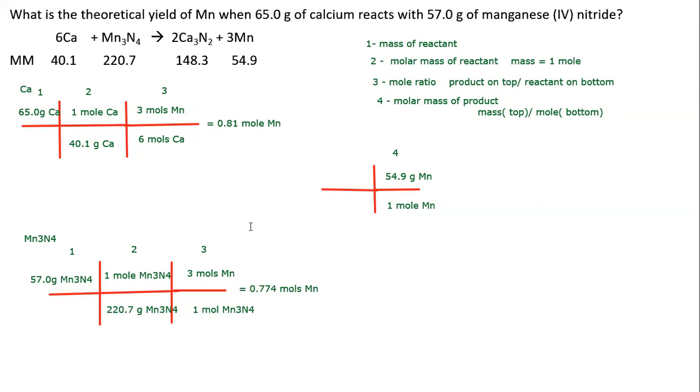Now we can identify the limiting reactant. In this example, the limiting reactant is manganese 4 nitride. So now we're going to take the moles of product produced by the limiting reactant and put it right here.